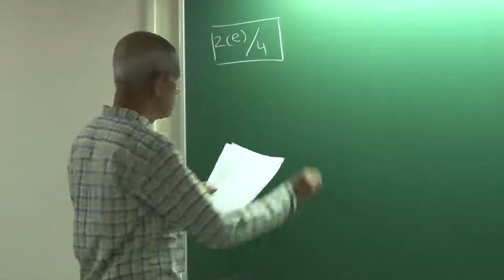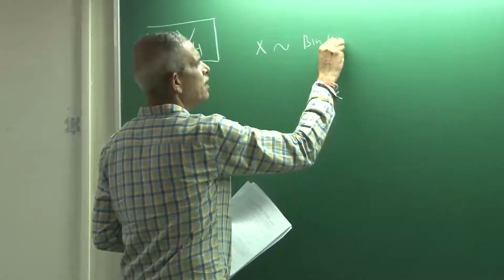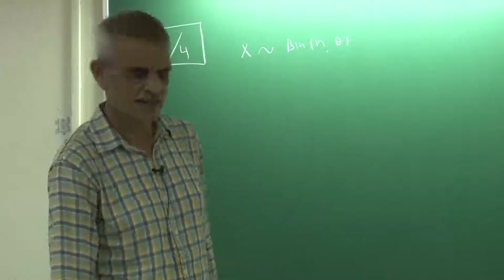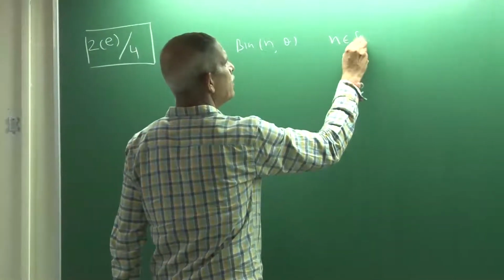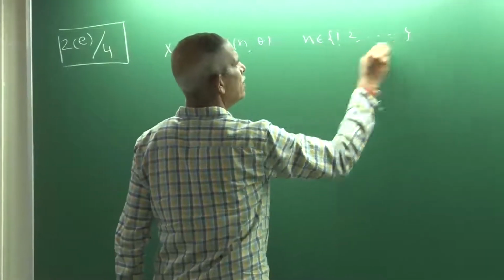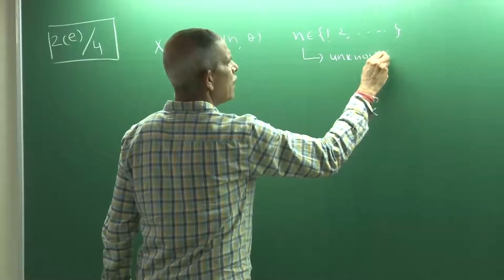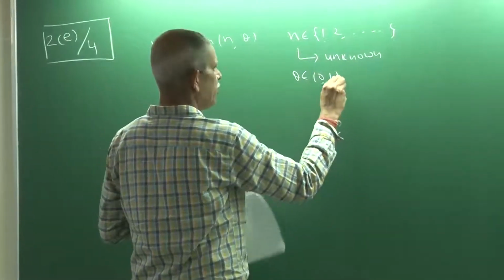So what you have is X as binomial n, theta. I assume I have only a single observation from the binomial. And n is an unknown thing, so that is a parameter. And theta belonging to (0, 1) is known.